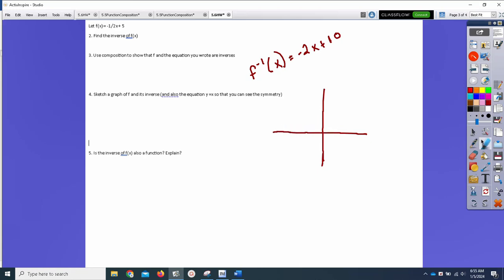Right now, I am looking at this function right here. It crosses at 5. And its slope is to fall 1 and run 2.